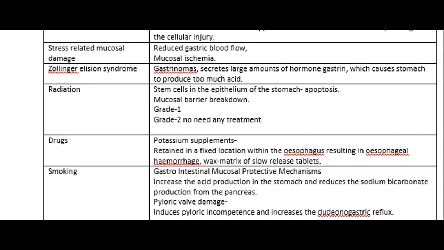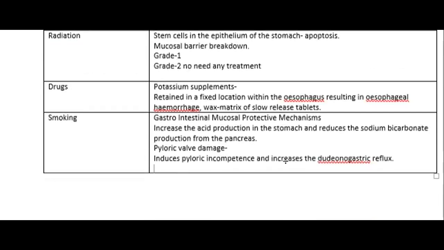And there is also one more way by which smoking causes damage: it produces free radicals.